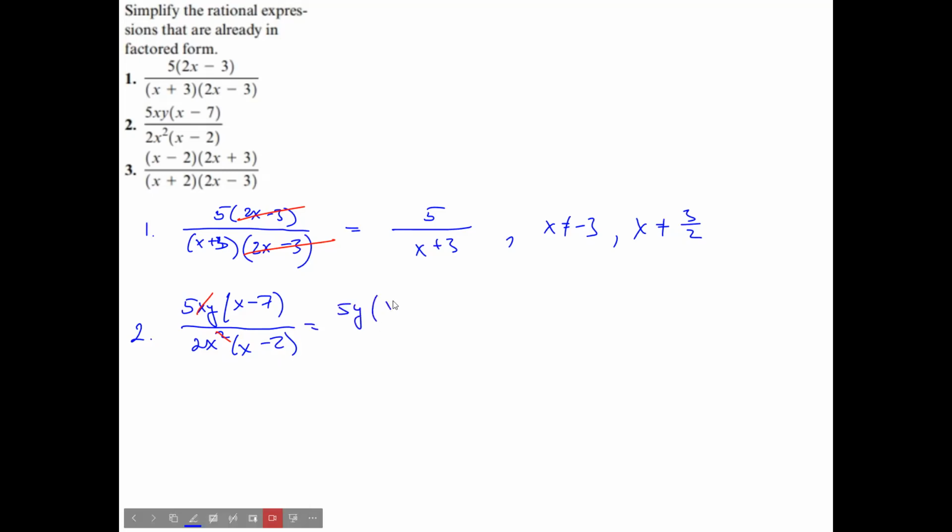Divide by y. So x here is not 0. x here is not 2.